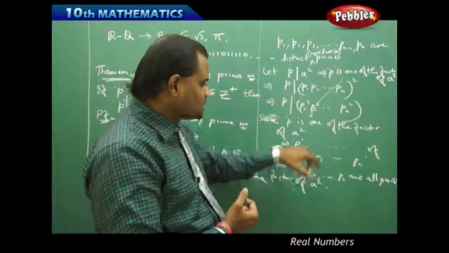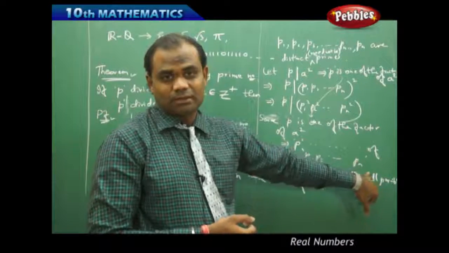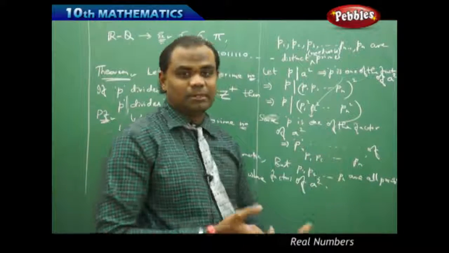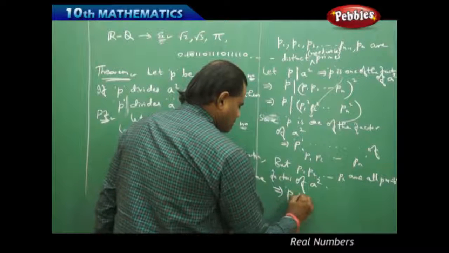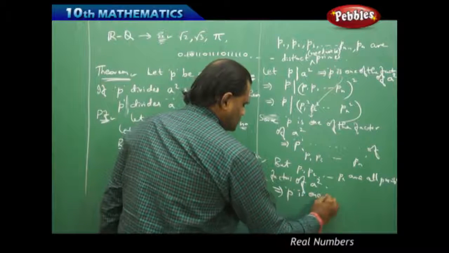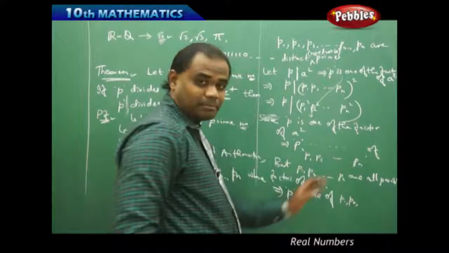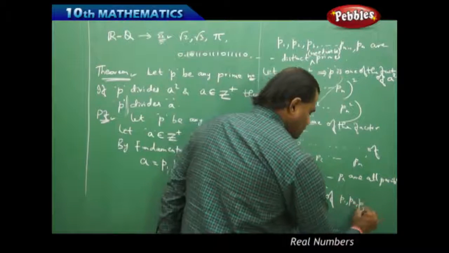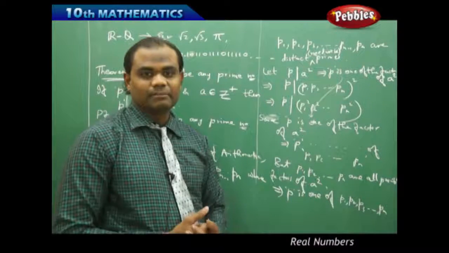When I say that P is one of the factors of a square, that means P should be one among p1 to pn, because these are the only factors available in a square. Therefore, P is either p1 or p2 or p3 or pn. Therefore, P should be one of them.